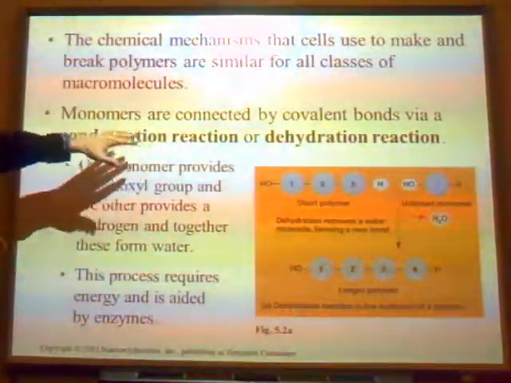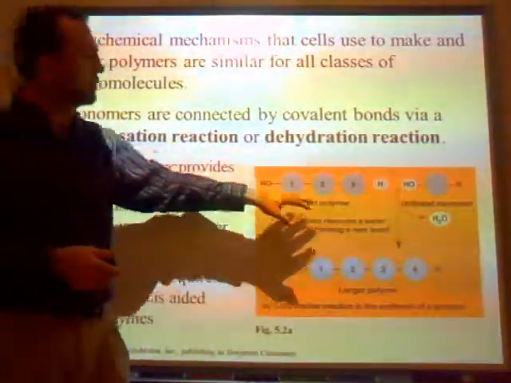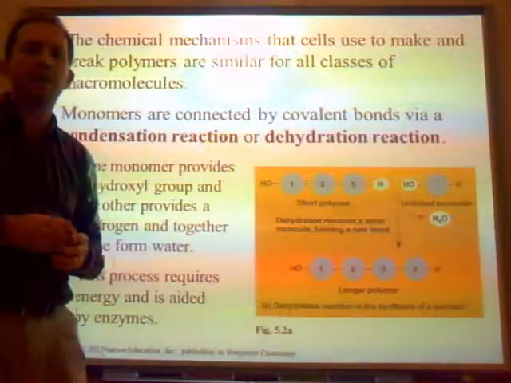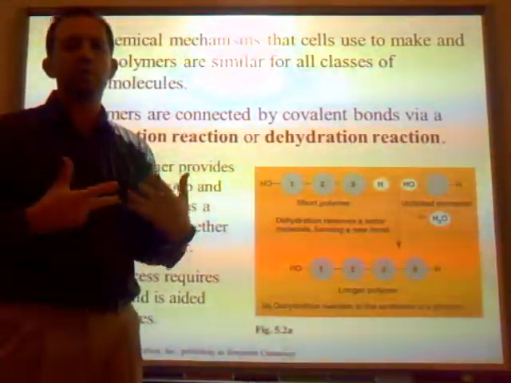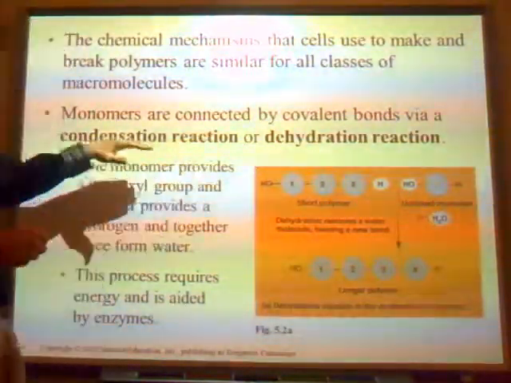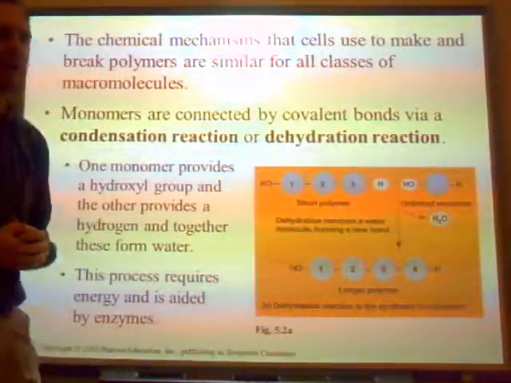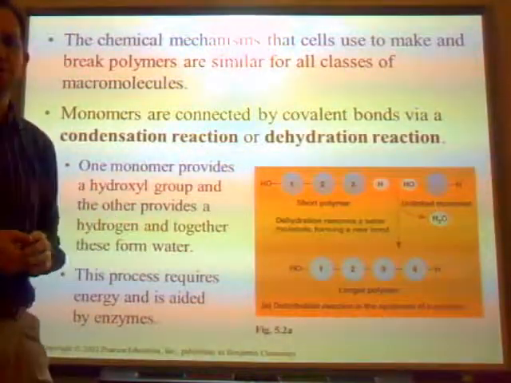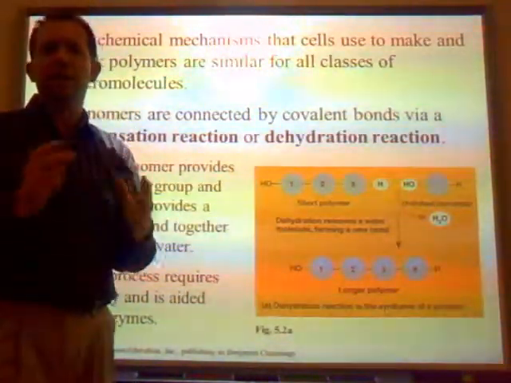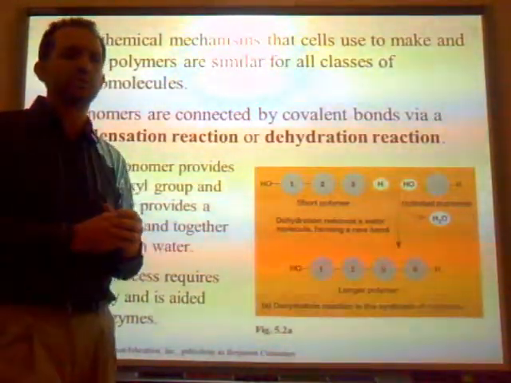And so as we look at this, if we're going to take some small monomers, or these short polymers, in essence, where we would actually be talking about smaller chained polymers, and we want to make larger polymers out of them, we're going to go through a process that is called a condensation reaction or a dehydration reaction. In fact, we can also call this dehydration synthesis, because you're actually building things, you're adding things together, and anytime you build things, you're going to be dealing with some type of combination or synthesis reaction.